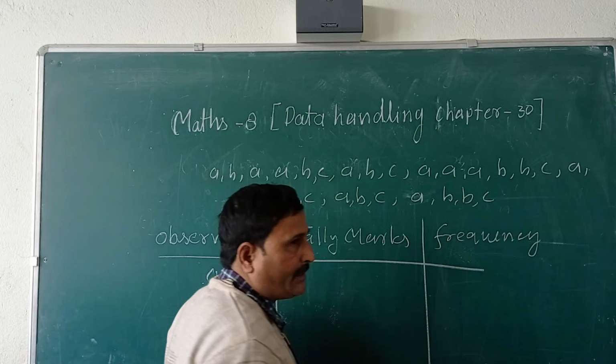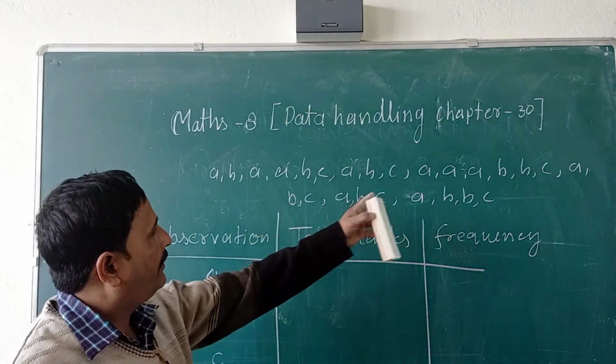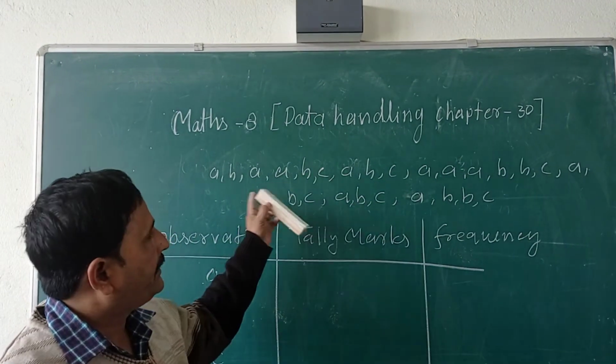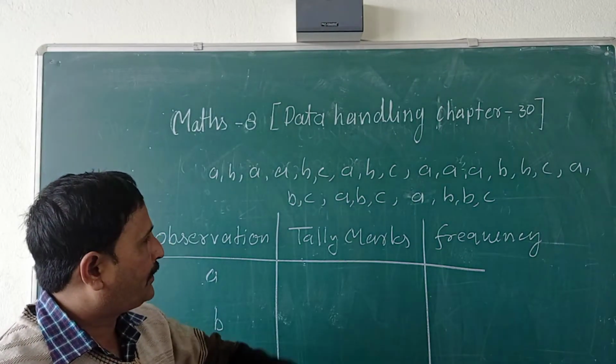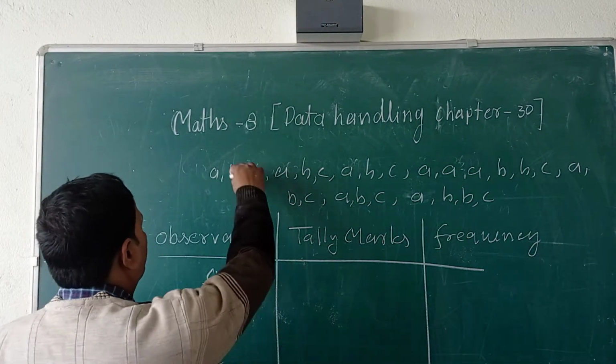The number of times a particular observation is present is called frequency.